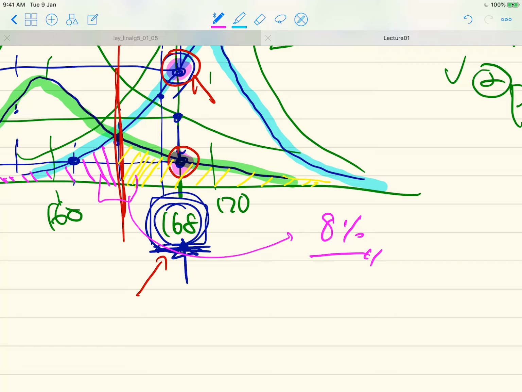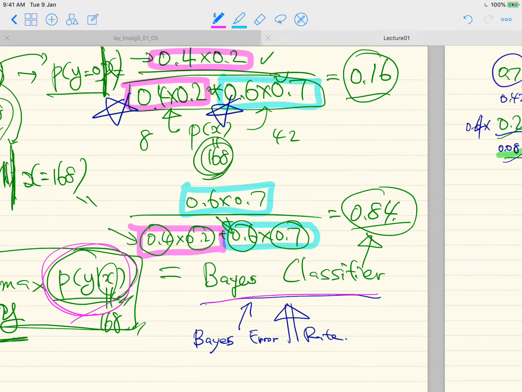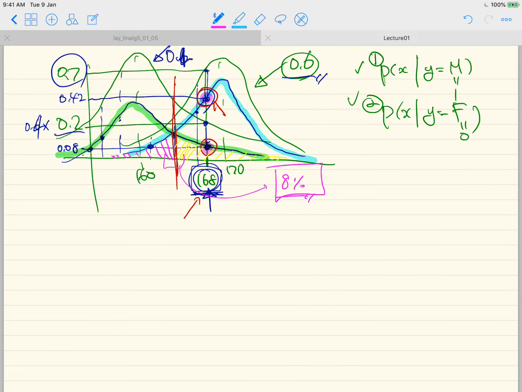So there was no missing information in this process, right? So even when we have the full information to model our posterior distribution, and then simply choose our classification strategy as this optimal one called the Bayes classifier, still from our data we have to admit that we will see 8% of a misclassification error, right?